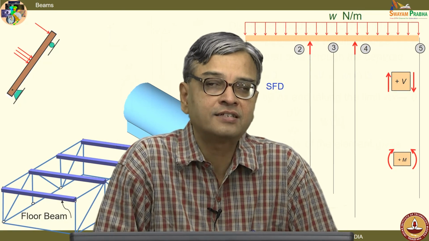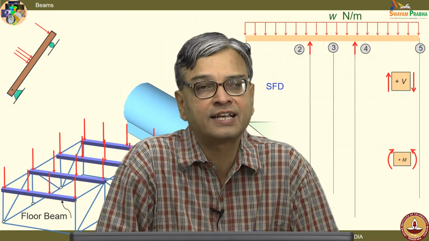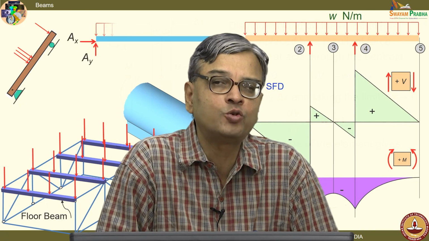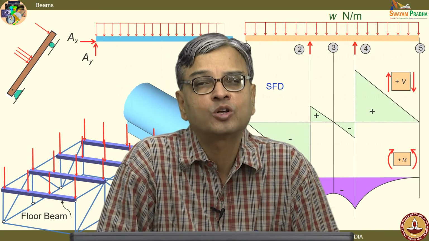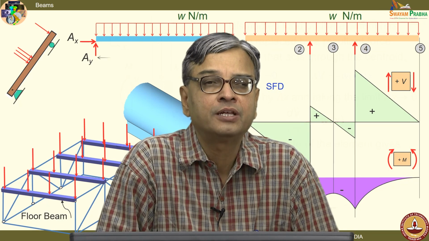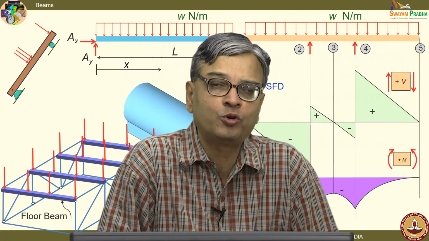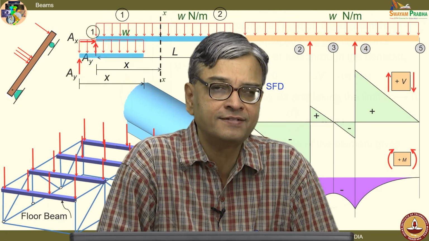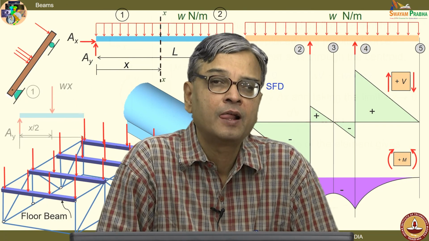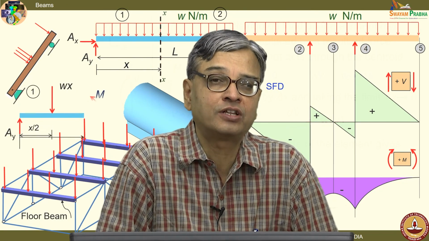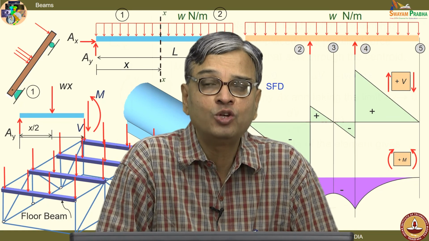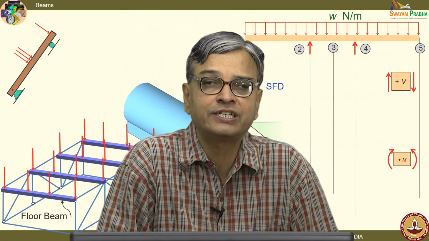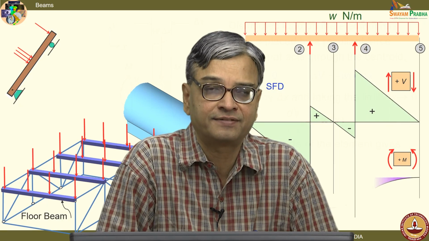So, in this class we have revisited the sign convention. I said sign convention is a discipline that you need to follow, because depending on the problem you may want to solve the left portion or the right portion, whichever the mathematical steps are less, but you should get one unique answer on the value of bending moment as well as its sign, value of shear force as well as its sign.